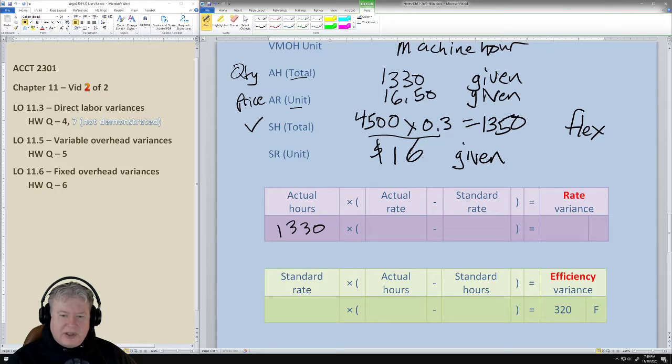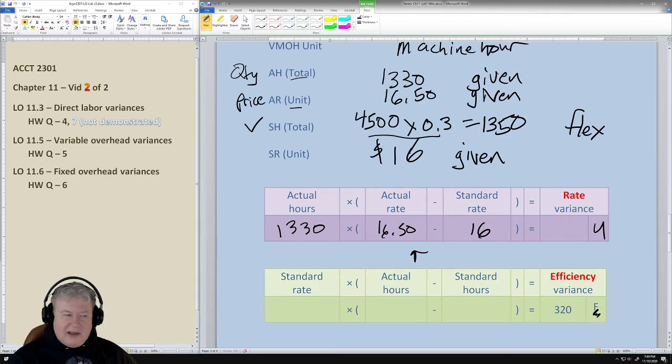The actual rate was 16.50, and the standard rate was $16. So if you notice, the actual rate was higher than the budget. So what we actually paid is higher.